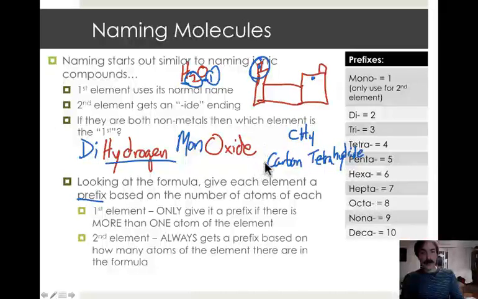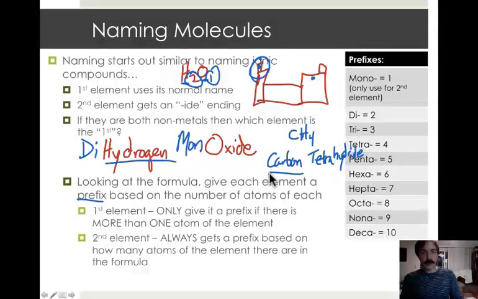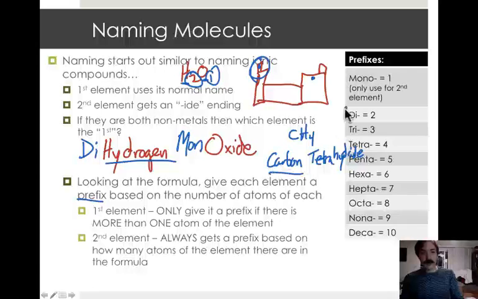Now I don't give this a mono prefix, and the reason is that carbon is the first element. If you only have 1 of the first element in the name, then I don't use mono. You only use mono for the second name. You never give mono to the first name. The rest of the prefixes you can give to either one, based on how many you have.